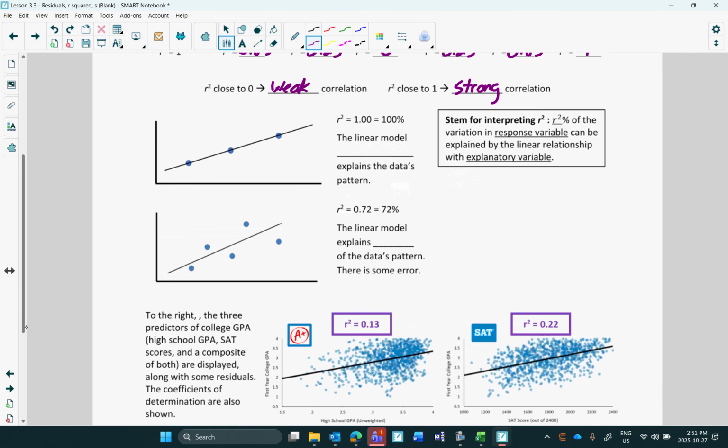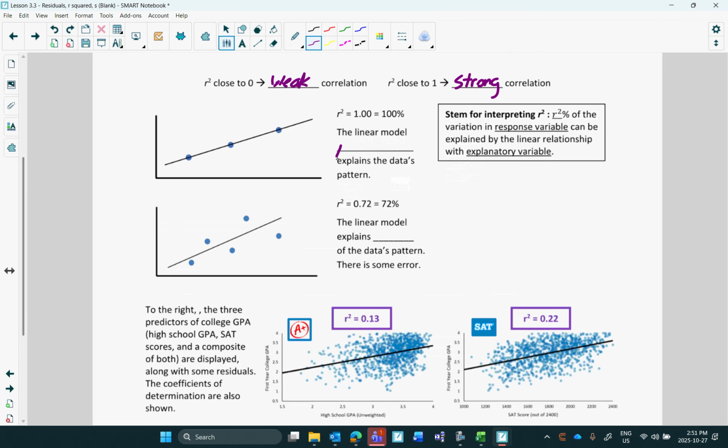So in this case, the line that we use perfectly explains the data. Here, all the points aren't on the line, but reasonably close.